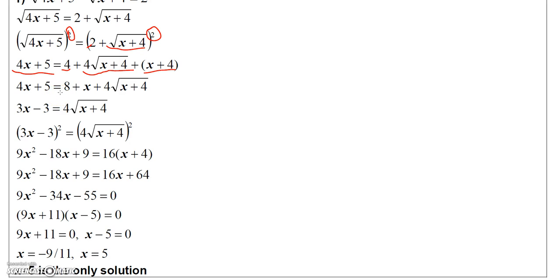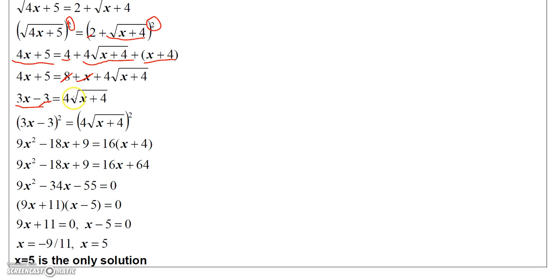If I subtract 8 from here, it's just going to cancel the 8, and then 8 from 5 is going to give me minus 3. And then if I subtract x from both sides, it's just going to cancel this x, and then 4x minus x is going to give me 3x. So that's all I did. I just subtracted 8 from both sides, then I subtracted x from both sides. And that just leaves me with this radical on this side.